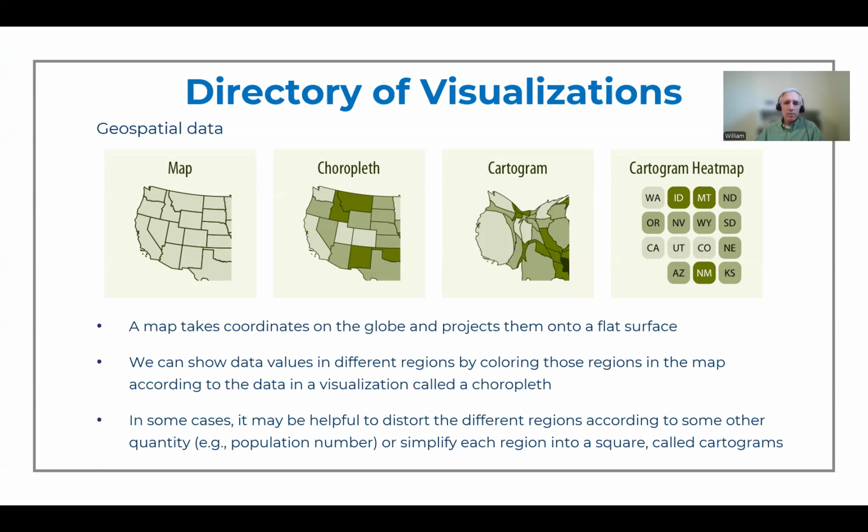Everybody's used to that and understands what that means, but it's actually an abstraction of what's going on. We can show the data values in different regions by coloring the regions in the map according to the data in a visualization, and that's called a choropleth.